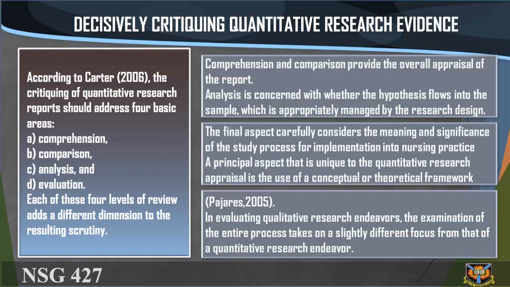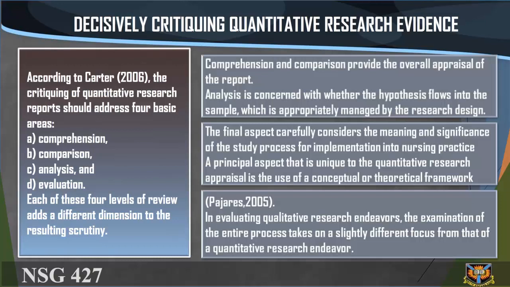Comprehension and comparison provide the overall appraisal of the report. Analysis then takes the investigation of the report to the level of reflecting on the continuity among the different parts. At this point of assessing the report, the principal concern is whether the hypothesis flows into the sample, which is appropriately managed by the research design.